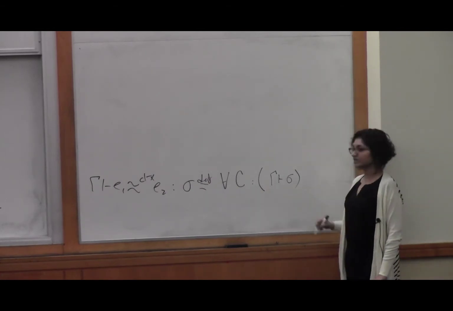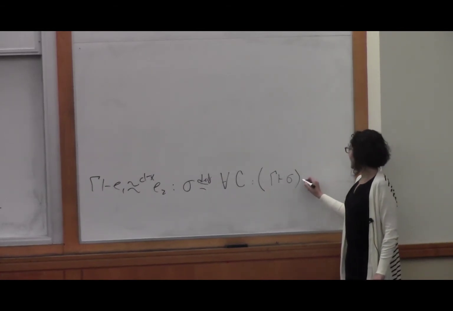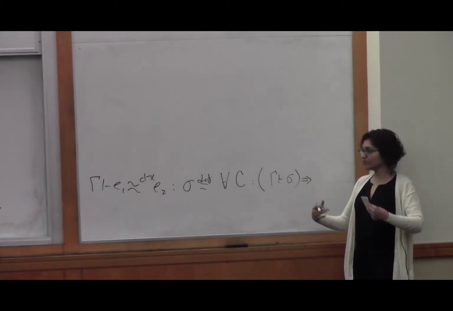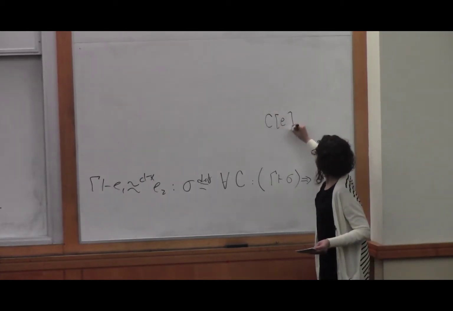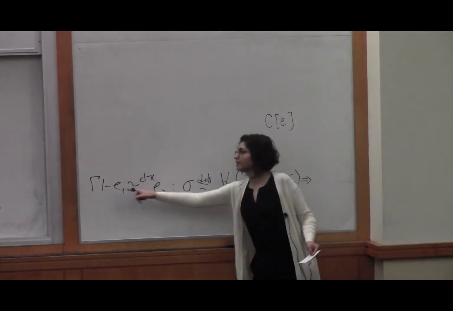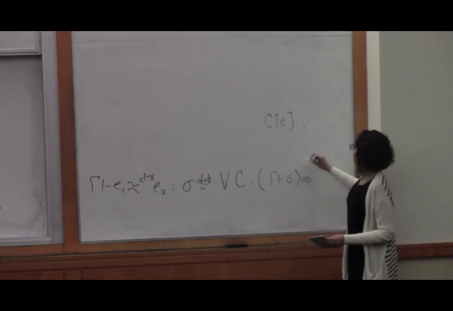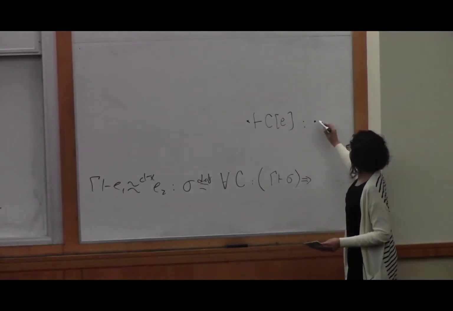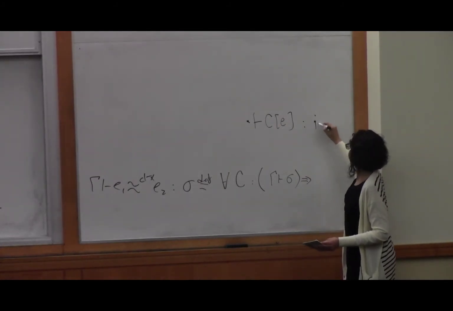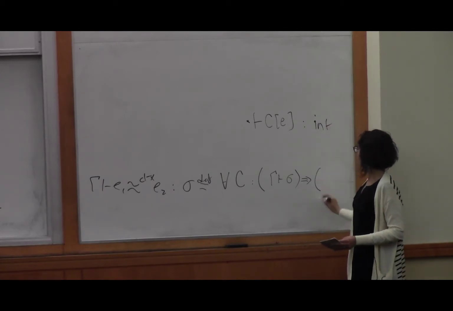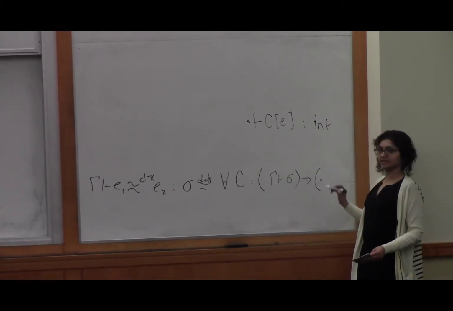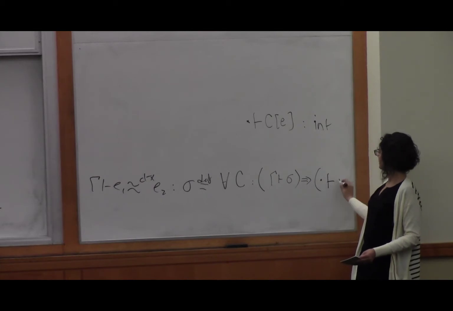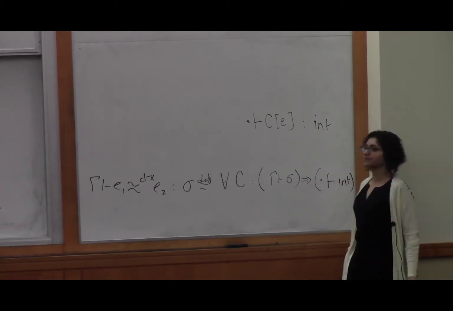So given any context with this kind of hole, and assuming that when I plug it with some well-typed E that has type sigma under gamma, I will get a closed expression of, let's say, the int type. I'll write that as: I will get back something that type checks under the empty environment and produces something of type int.